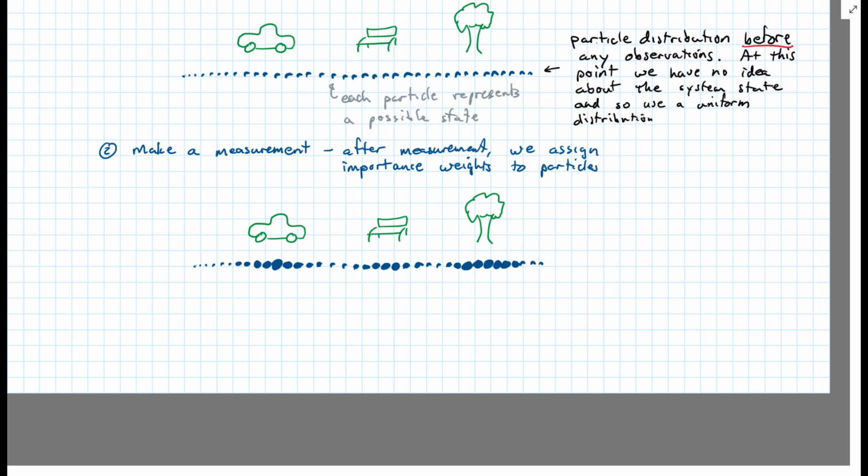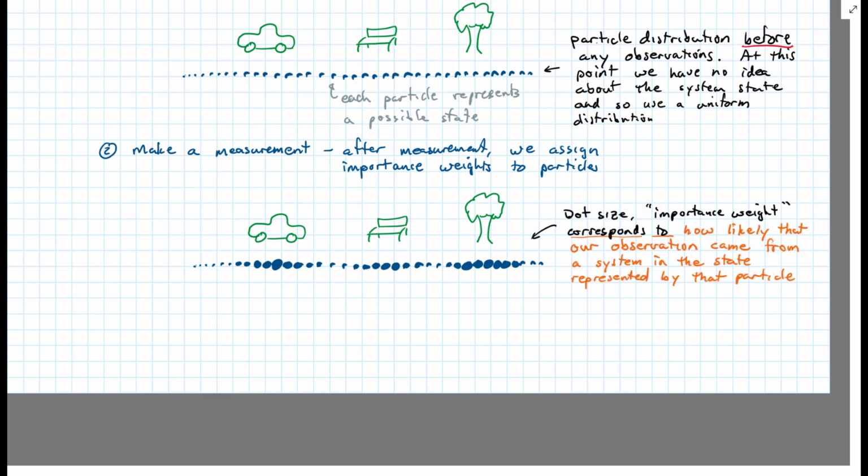If it's far away, we give it a lower weight. Okay, this bears a little bit of repeating because it's very, very important. So the importance, in this case represented by the dot size, corresponds to how likely it is that our actual observation came from a system that was in the state represented by that particular particle.